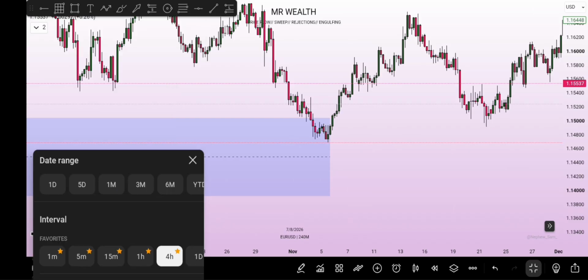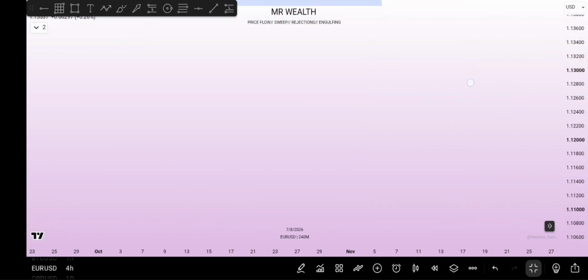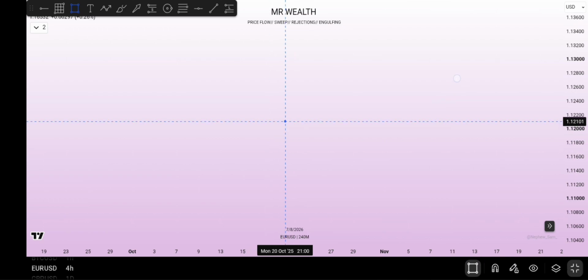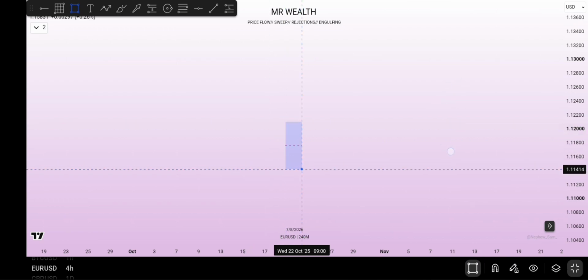Let me explain something before we go to the 15 minutes time frame. In the 15 minutes time frame, we want to see something like this.